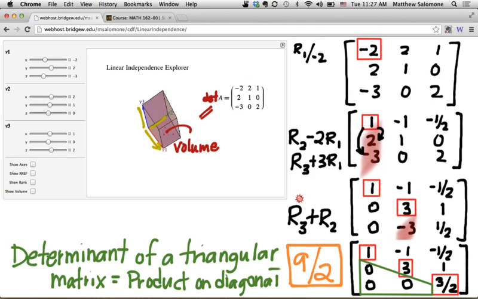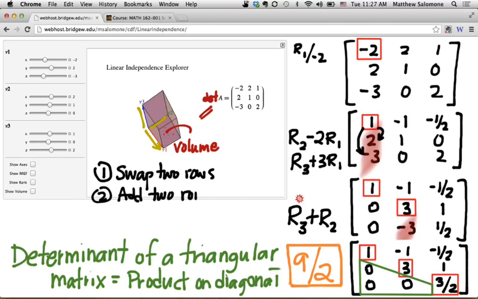So I want to hear from your groups really quickly. We have 3 different kinds of elementary row operations that we can do to a matrix. Namely, the first is to swap 2 rows. Second is to add 2 rows to one another, or possibly subtract, but we'll say add.